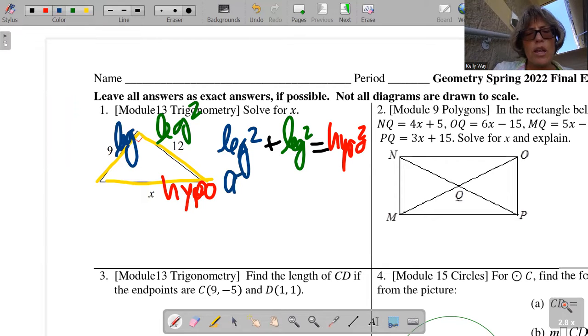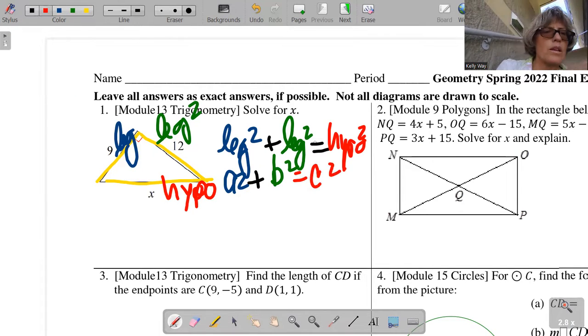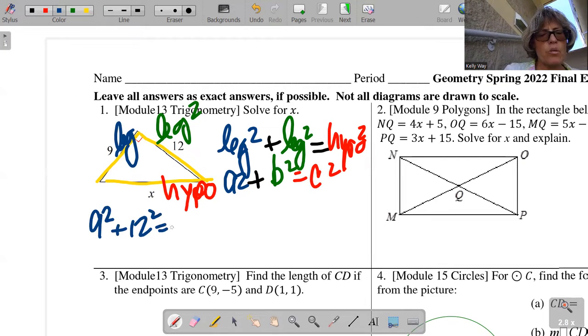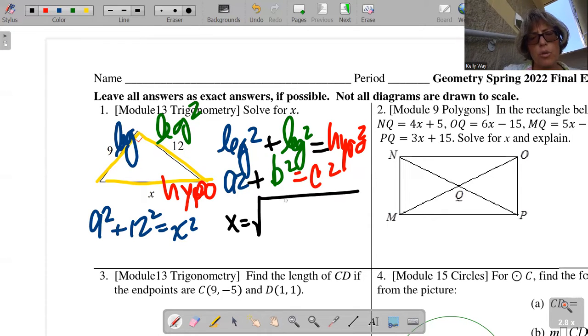You know this as a squared plus b squared equals c squared. So this is going to be 9 squared plus 12 squared equals x squared. So x is the square root of whatever 12 squared is minus 9 squared. Now, if that's not perfect, you should factor it.